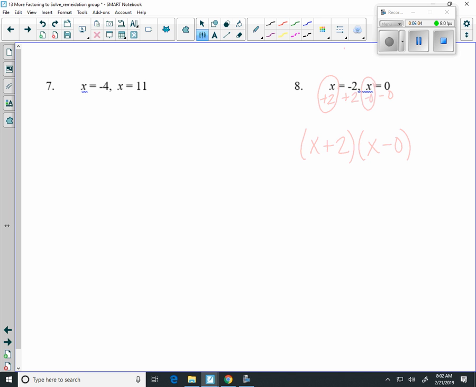So I think I will rewrite that, although that is beautiful factored form. I will take that, and the OST will definitely take that. I'm going to go ahead and write it like I would usually see it, x times x plus 2. Before I multiply that out, I'm just going to make that minus 0 go away with the x in front. And in standard form, x times x is x squared. X times 2 is 2x.